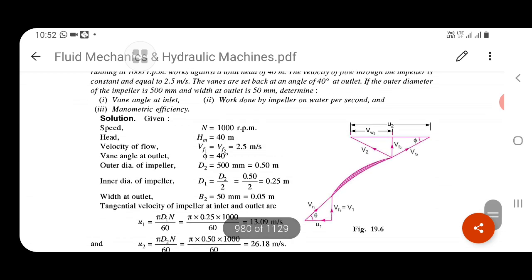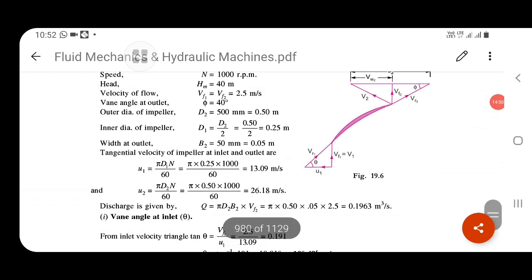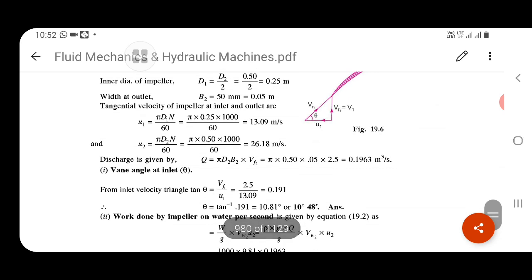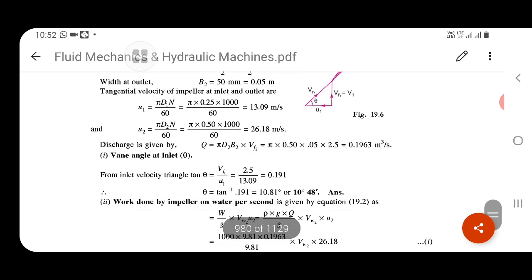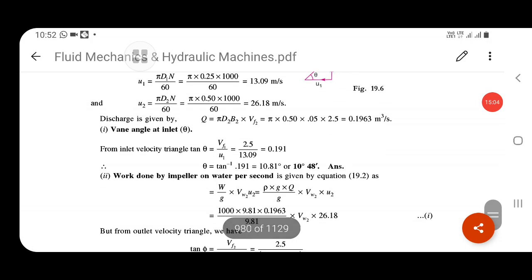So U1 is pi D1 N upon 60, that is 13.09, and U2 is pi D2 N upon 60, that is 26.18. With the help of that, calculate Q is pi D2 B2 Vf2. Similarly, the vane angle tan theta is Vf1 upon U1, that is 10.48 degree.